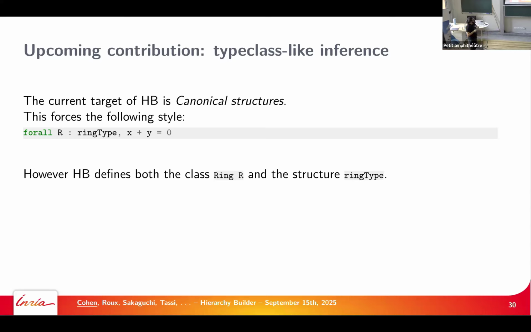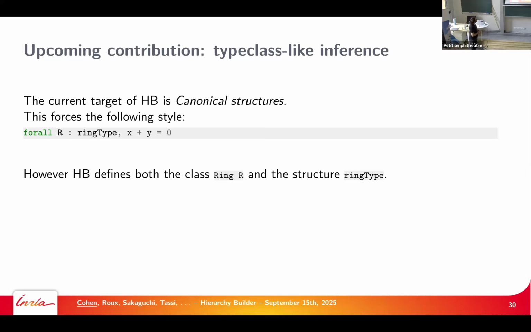So the thing is, in hierarchy builder, we already have a notion of class of a ring. So we have both the ability to write ring type, which is the type of all rings, and ring of R, which is the fact that R can be equipped with the structure of a ring, except we could, until now, only perform the inference on the second one.